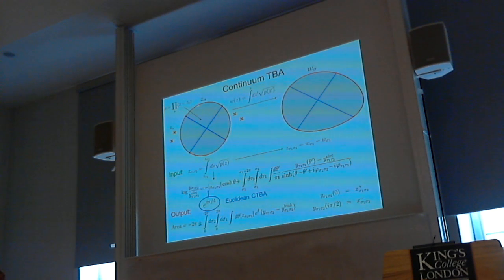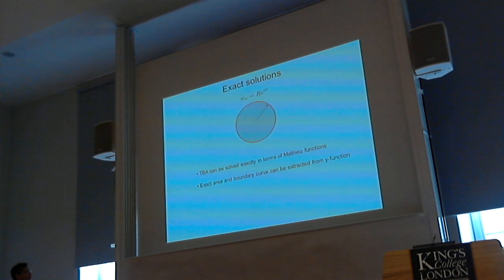So this red contour maps to this red contour under this change of variables w. And in this parameterization, you can think of this curve w of sigma as parameterizing the continuous boundary. So it's a matter of taste. It's also nice because this parameterization makes contact with known solutions in the Euclidean case.